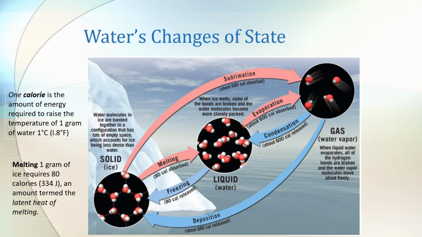You cannot see it, but this is the energy required for the process of changing the state of water. Then there's freezing, which is just the opposite of melting. It releases 80 calories per gram to the environment as the latent heat of fusion. So for melting, the energy is called latent heat of melting; for freezing, it's called the latent heat of fusion, the energy that is released.